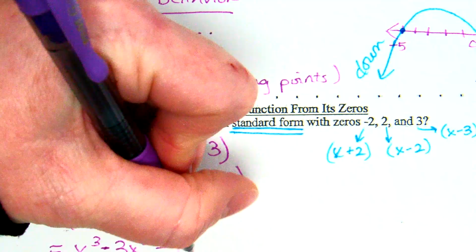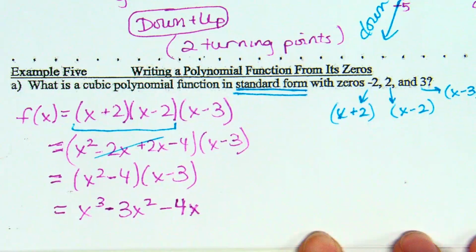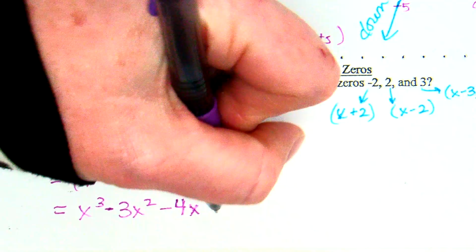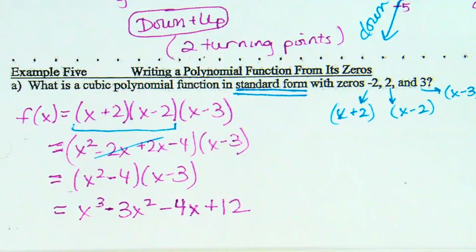And last, minus 4 times minus 3, plus 12. And final step, clean it up, but what do you notice? x cubed, x squared, x, constant.